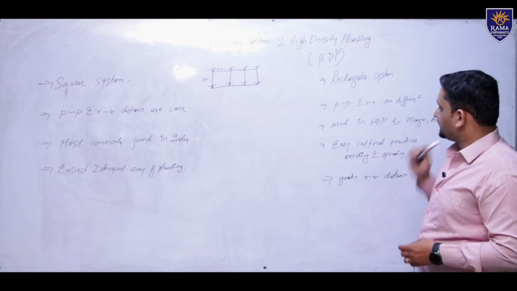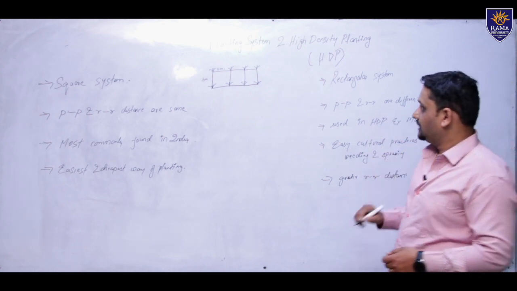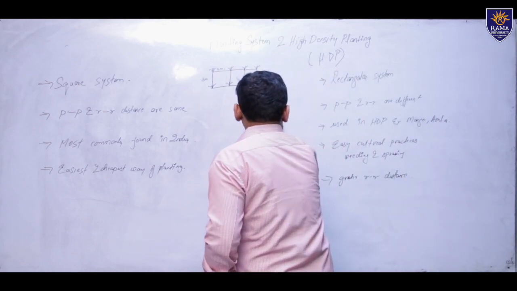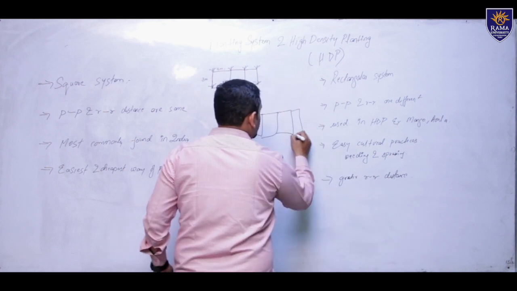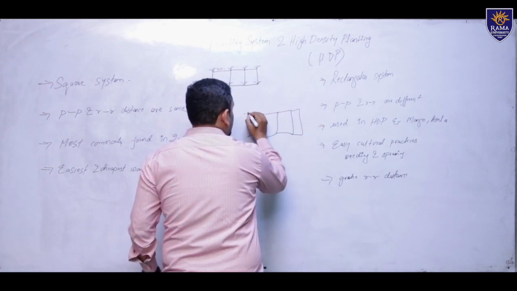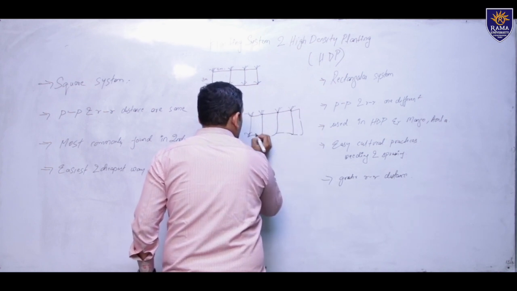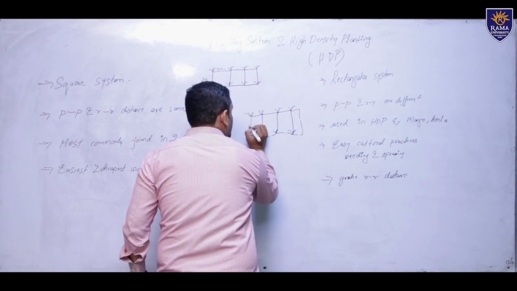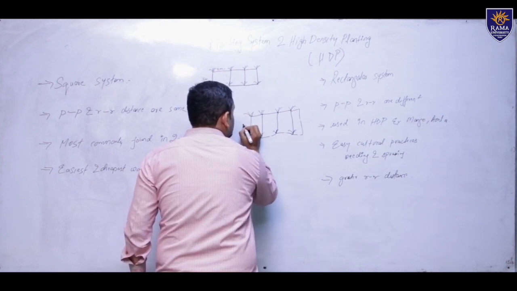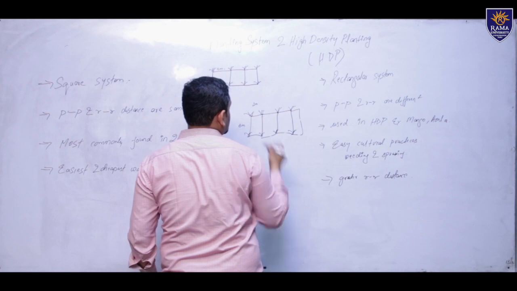In this rectangular system, plant to plant distance and row to row distance are different. That means if this is your field and these will be your plants, if the plant to plant distance is 3 meters, then the row to row distance will be 2 meters.